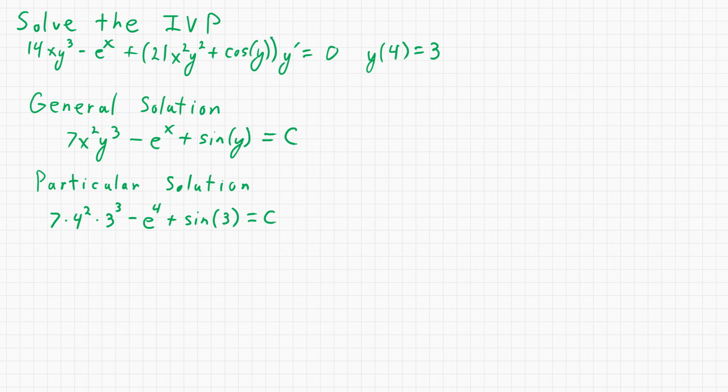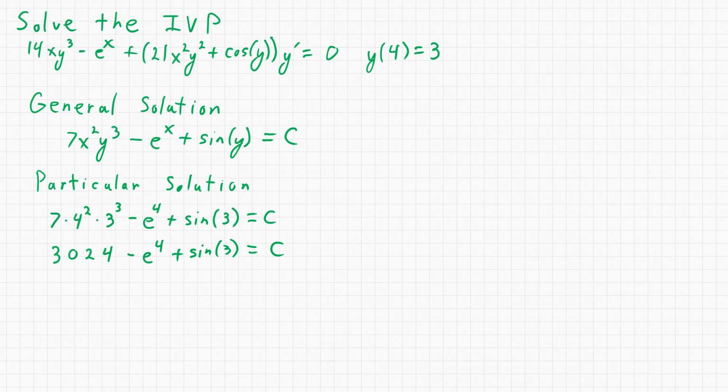And if we simplify that a little bit, and I look at my notes here for that big number, this number here is 3024. And then it's not going to get any nicer if we actually compute these and approximate them. So I'm just going to leave them as is. So minus e to the 4th plus sine of 3 equals c. So then the particular solution, the solution to the initial value problem, is the solution to the equation.